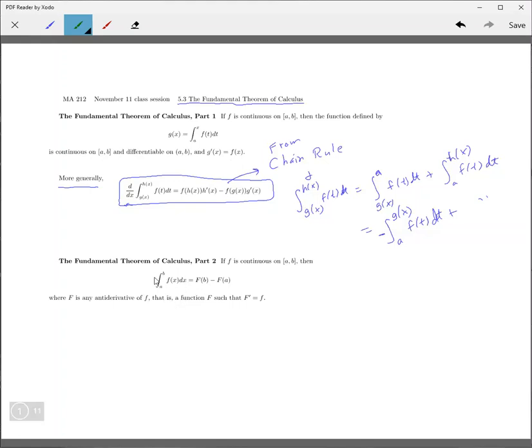That is, to find a definite integral where you're integrating from a constant a to b, where a and b are constants, you find any antiderivative of little f, and you get this. Now the notation is like this. When you're actually doing an exercise, you're going to find an antiderivative and put a line right here with a to b.